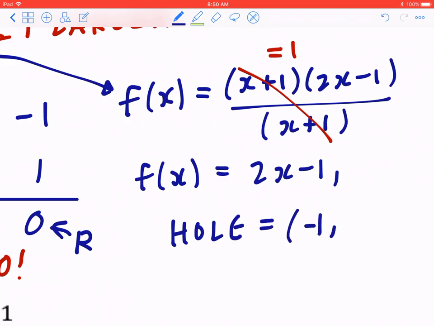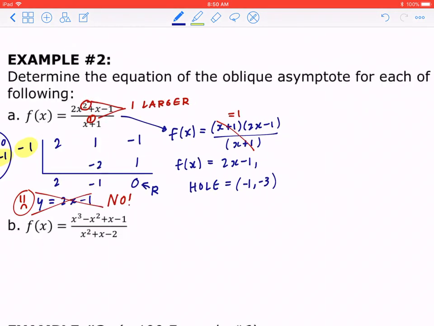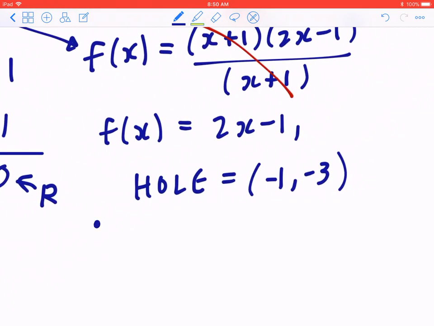And if you plug negative 1 back into 2x minus 1, that's going to give you negative 3. So in the example, they're asking to determine the equation of the oblique asymptote. The answer is, therefore, the oblique asymptote is going to be none.